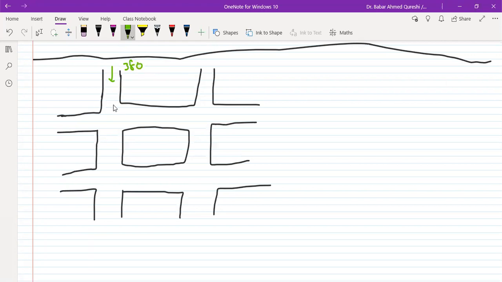This is a one way going this direction. This is one way going this direction. This direction, this way, and this way.